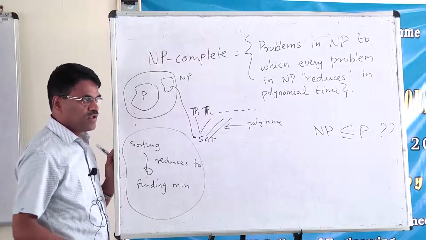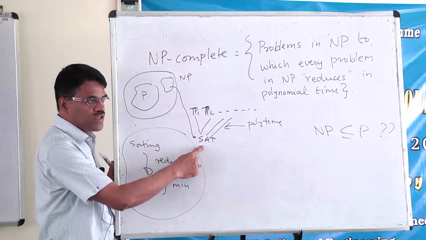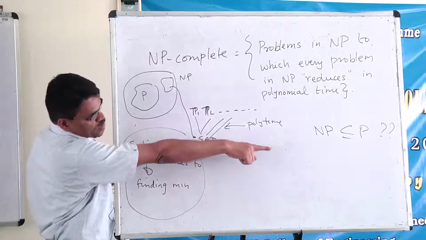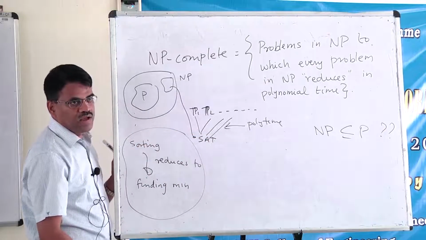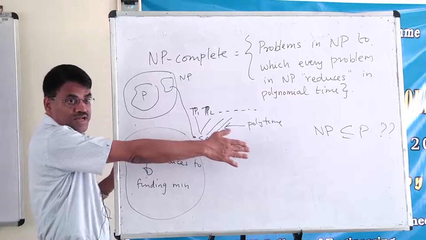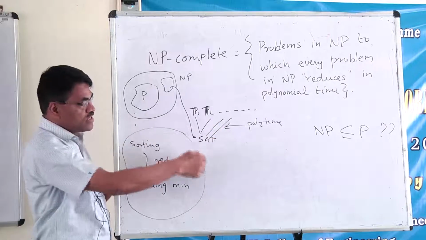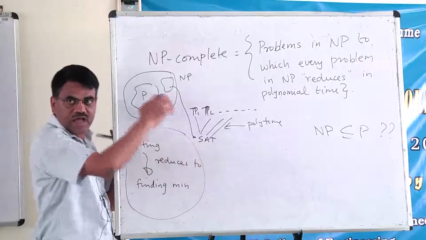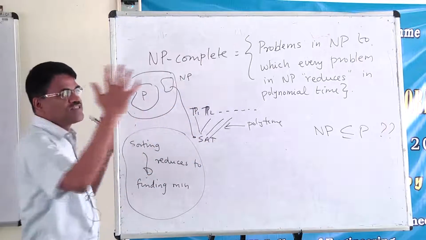What does that mean? If there is a polynomial time algorithm for this, what does that mean for that question? Yes, NP is contained in P, because everything is loaded into the definition.